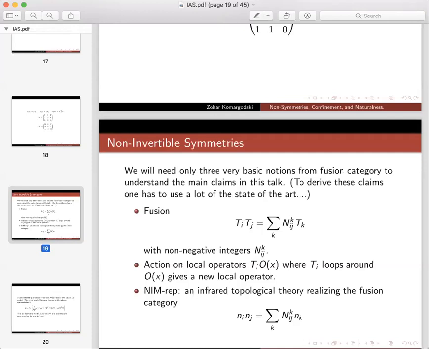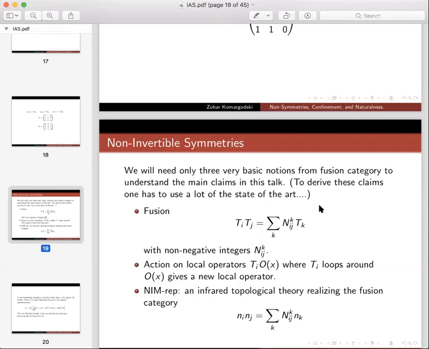Are you asking about the defect Hilbert space on S1? No. I'm asking about operators at the endpoints of these defect lines. Does this NIM-rep also contain the information, for example, of the OPE of these operators, something like that?